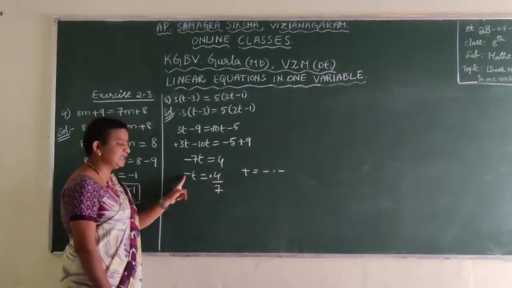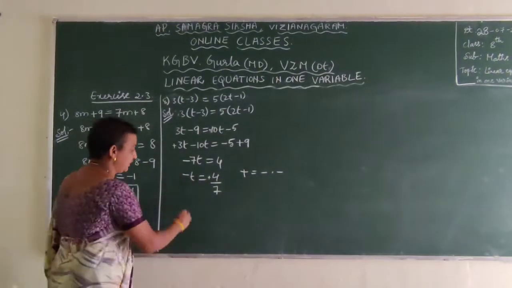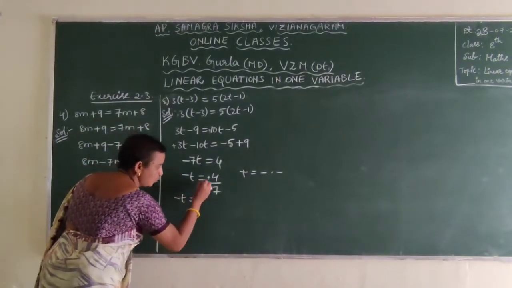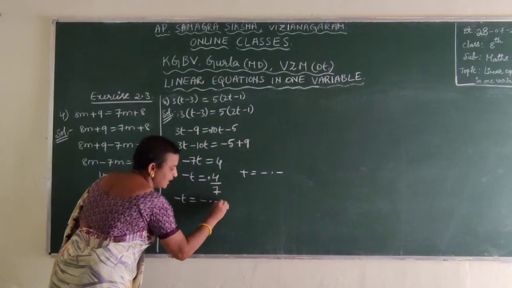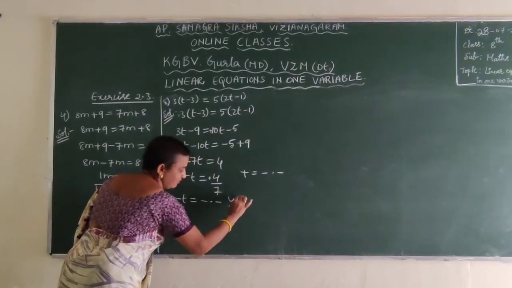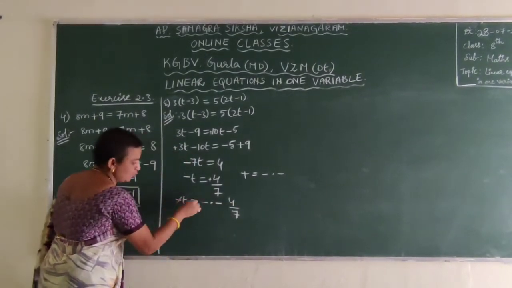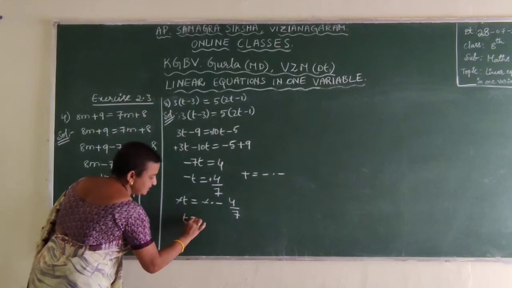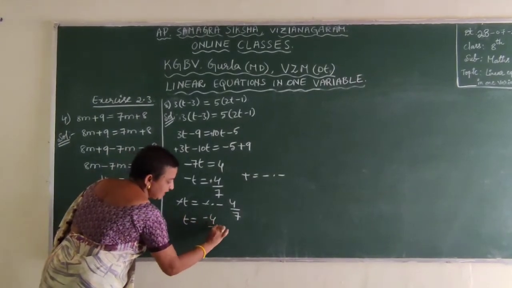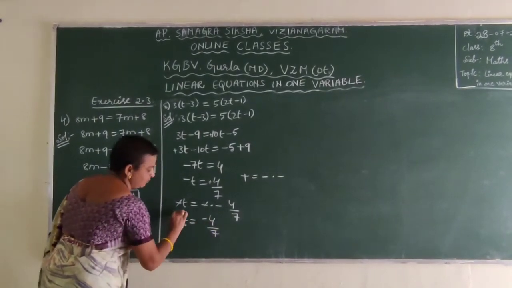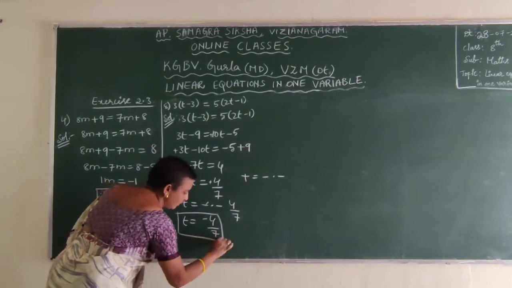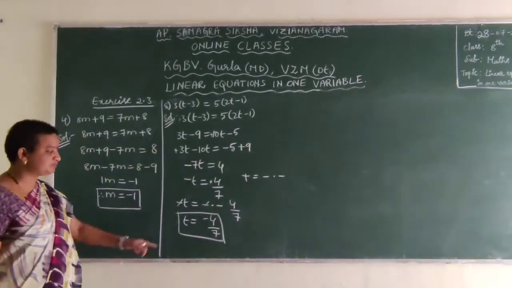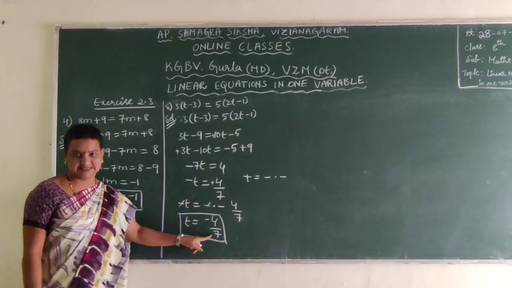If we cancel 1 minus, minus t is equals to minus into minus 4 by 7. If we cancel 1 minus, we get t is equals to minus 4 by 7. So the value of variable t is equals to minus 4 by 7.